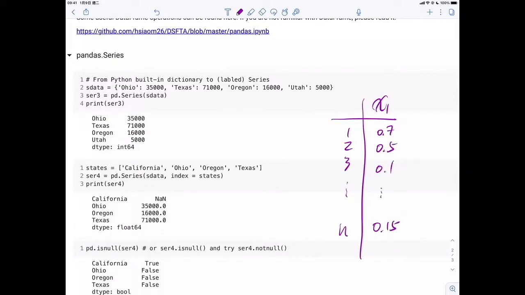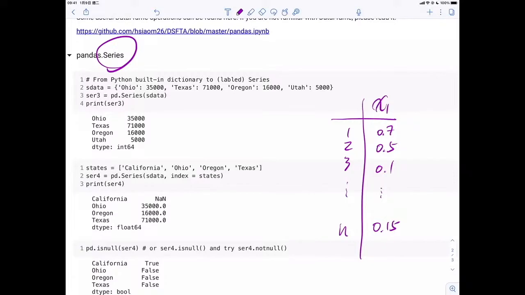If your data has only one column, you can use a data structure to store such one column data, which is called a series. It is a data structure. We will not go over everything about the Pandas series data structure.